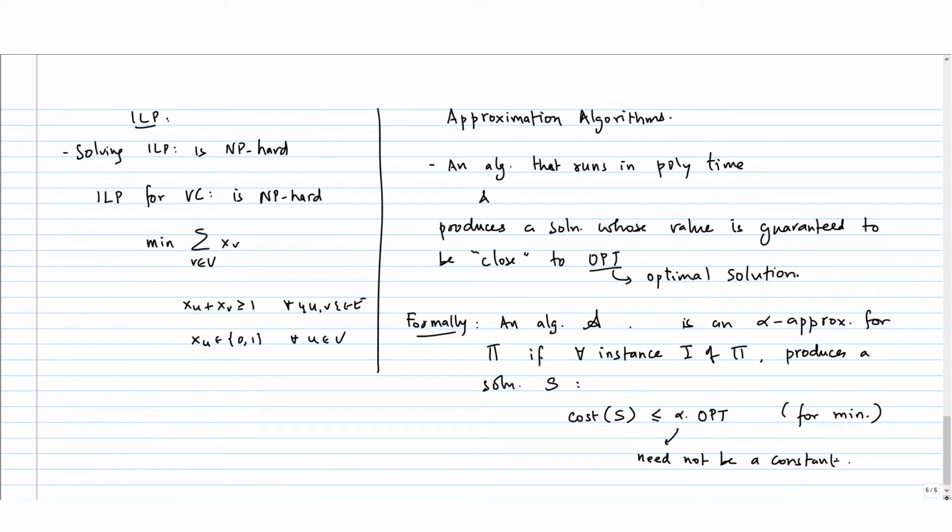We can't get the best solution, but maybe we want an algorithm that is guaranteed to give you a set of vertices that is no more than twice the optimal solution. If there is a vertex cover of size 100, I guarantee that the algorithm will produce a solution that is no more than 200.